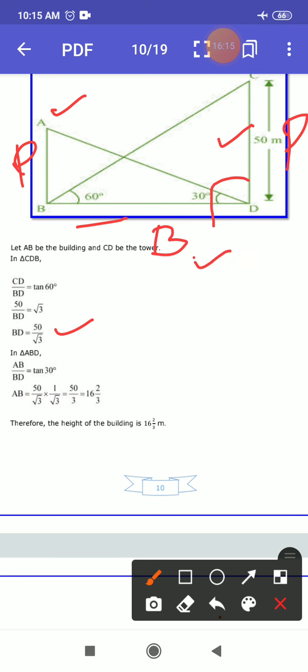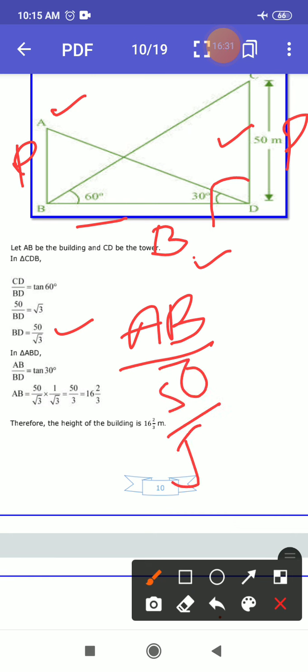So AB upon BD is equal to tan 30. Now you know the value of tan 30 is 1 upon root 3.